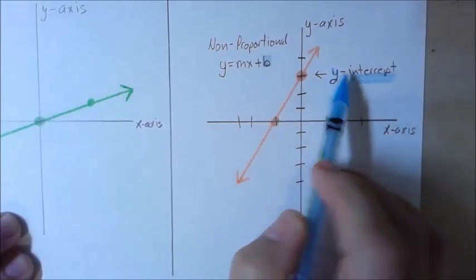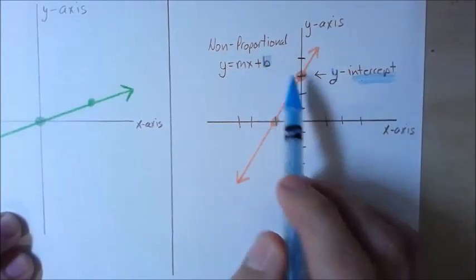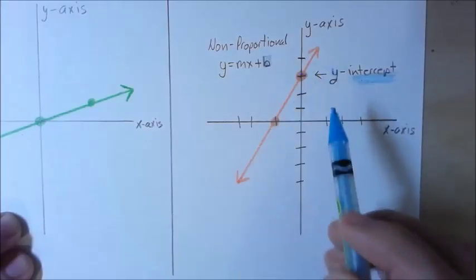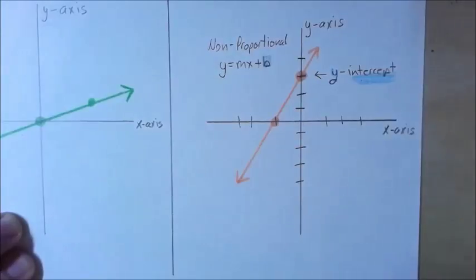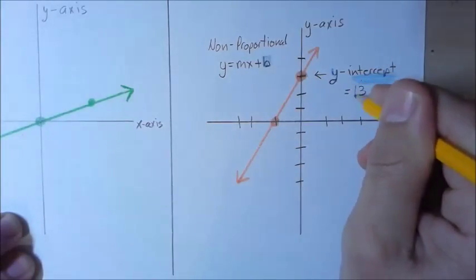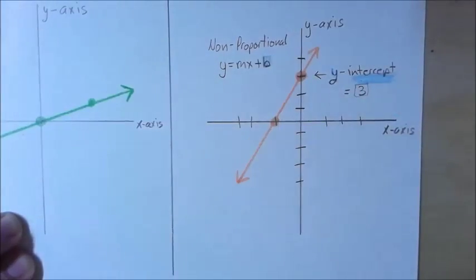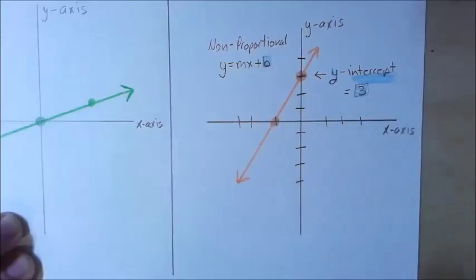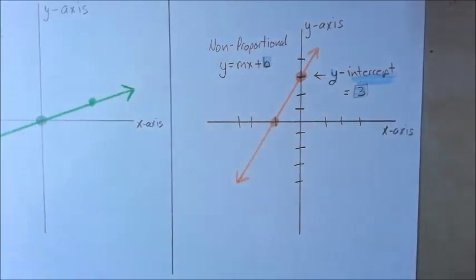Just so you know, the y-intercept is this b. So for instance, in this case, since we go up 3, 1, 2, 3, my y-intercept is equal to positive 3. That would be my b. And that's all we do for our warm-up today.